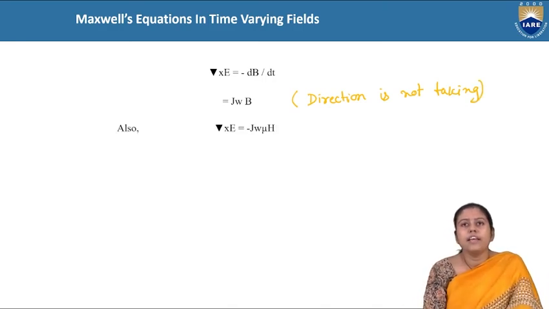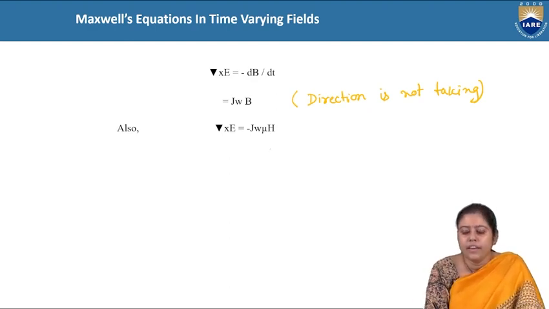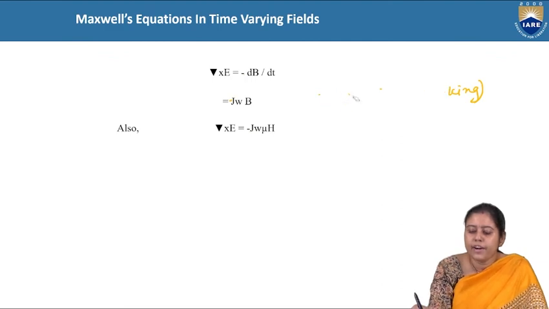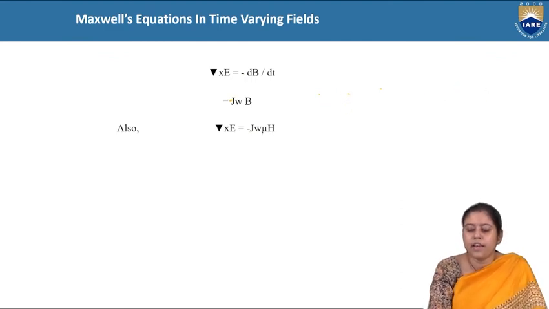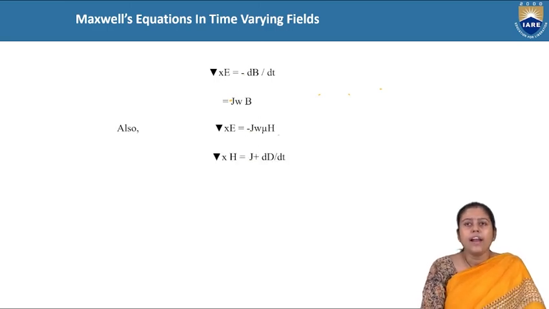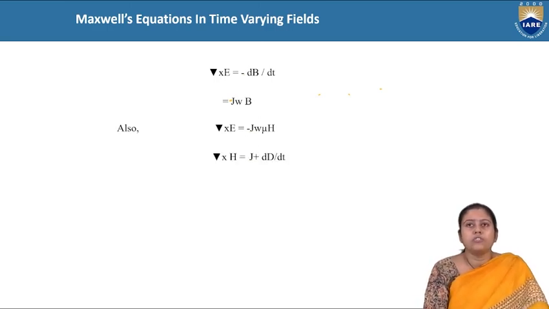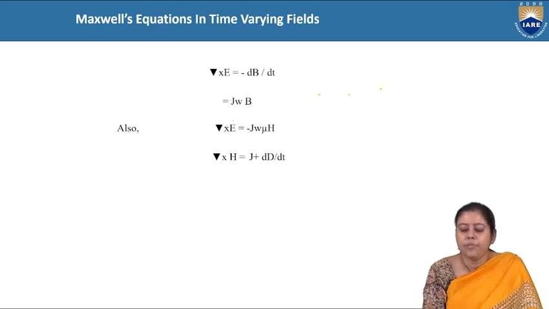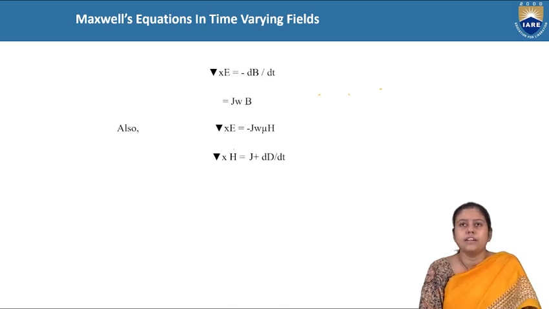So similarly, if we use this J omega B, what is B? Here we can take the direction also. We can write J omega B is equal to mu H. And we also know that H is the field intensity, as we have discussed before.